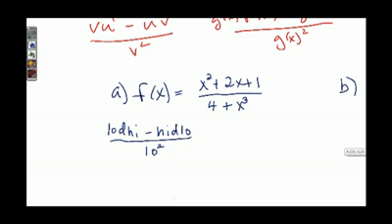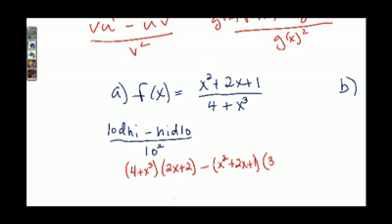We're going to have the bottom, which is 4 plus x cubed, times the derivative of the top, which is 2x plus 2, minus the top, which is x squared plus 2x plus 1, times the derivative of the bottom, which is 3x squared. Alright, and that's all over the bottom squared.